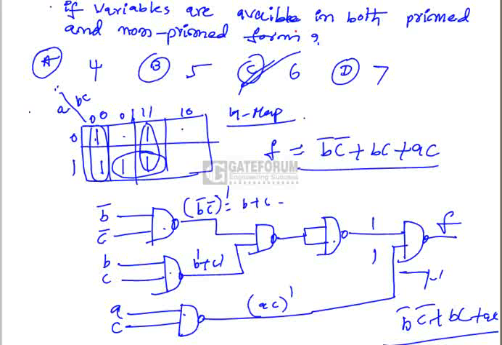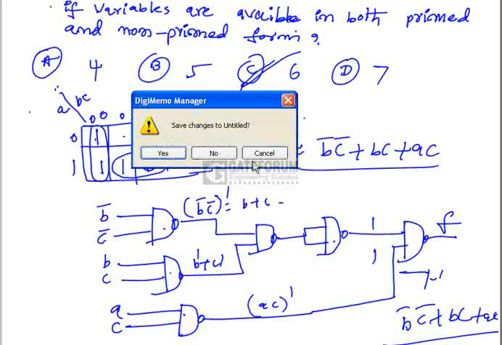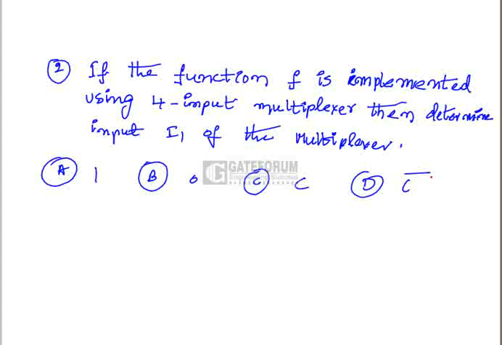So there is another question on this same data. If the function f, that we have defined above, is implemented using a 4 input multiplexer, then determine input I1 of the multiplexer.